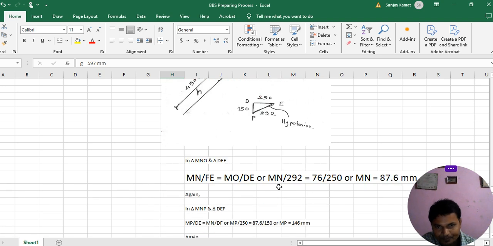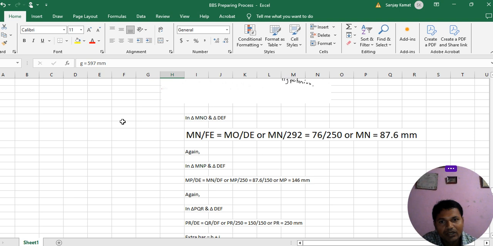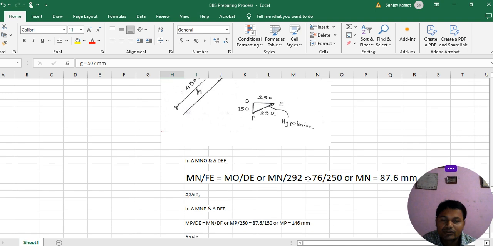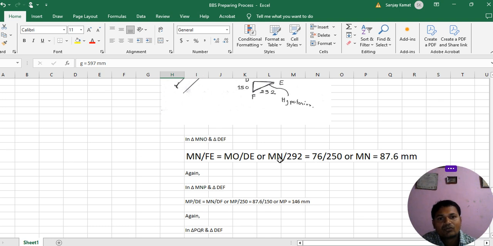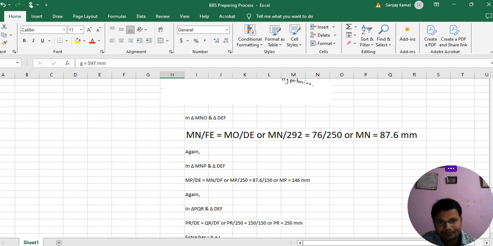So in triangles MNO and DEF, we can do the same thing: MN by FE is equal to MO by DE, or MN by 292 is equal to 75 by 250. I am just substituting all the values in this formula. After calculation, MN is equal to 87.6 mm. In this way you can calculate the MN value.